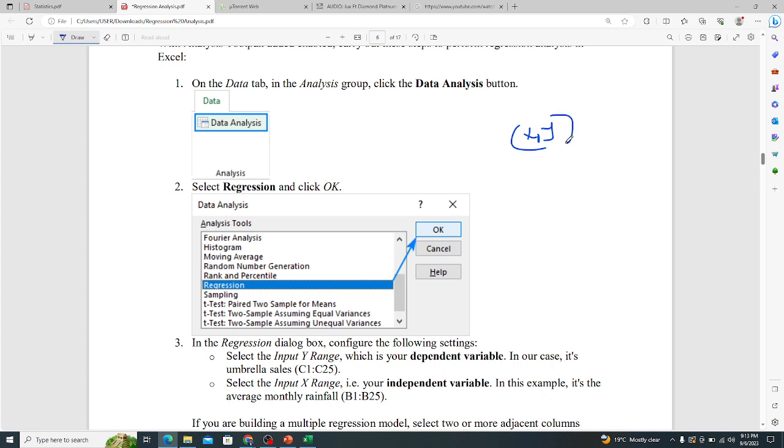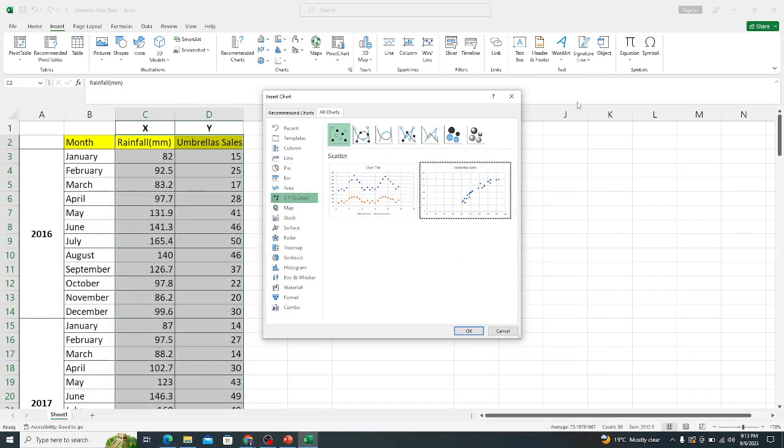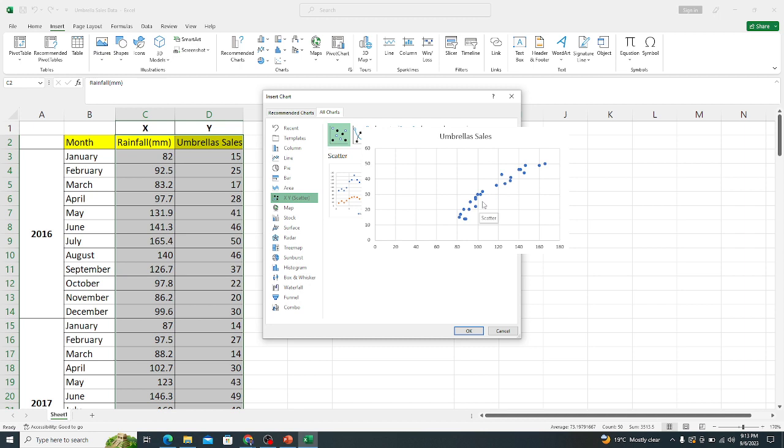Remember, these are the x, y coordinates. When you use these coordinates to plot this data, you'll get something like this.